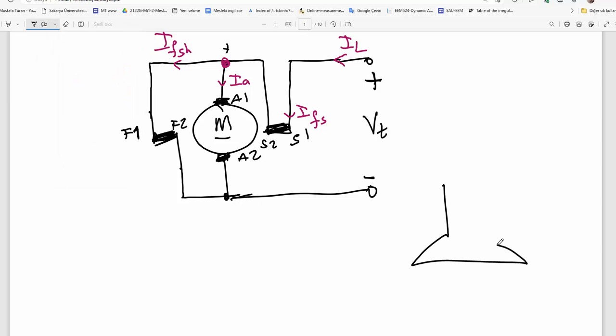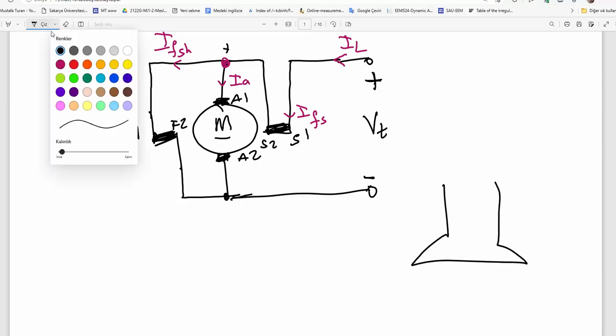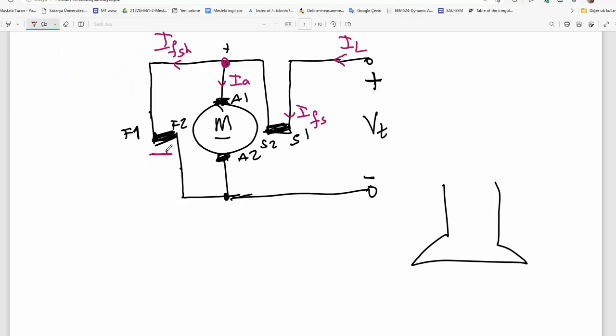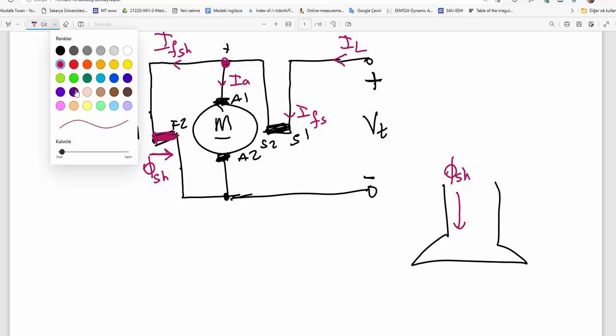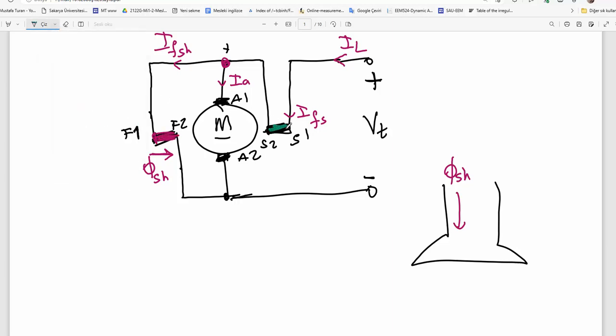Now the difference comes from here. Here's a magnetic pole. There is a magnetic field coming from, let's say, the MMF of the shunt field, coming from this winding, and there is another field coming from the series winding. That is the decision point.